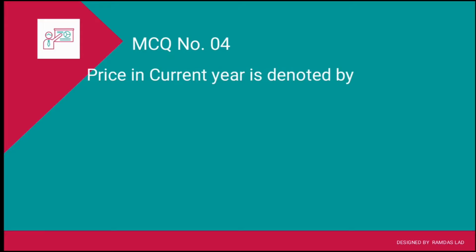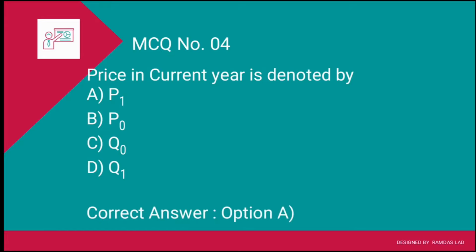On the basis of these notations, you can give the answer of this question. Price in current year is denoted by: option A, P1; option B, P0; option C, Q0; option D, Q1. What is the question? Price in current year. Price is denoted by P and current year is denoted by 1. So P1 is the correct answer. The correct answer is option A, P1.